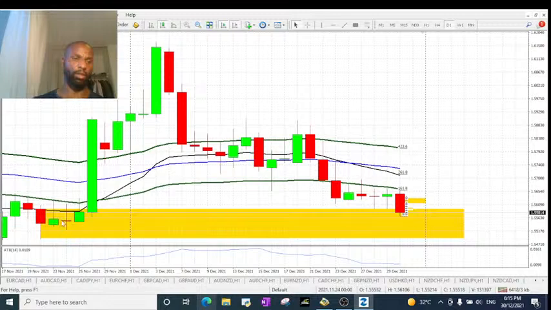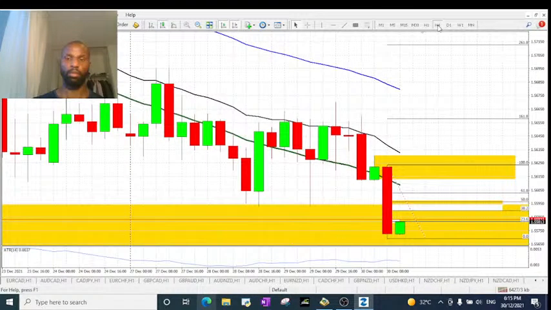But the thing is, man, look at the strength of the push at this zone. So it's a bit riskier. It's a bit risky to be taking sells right here.